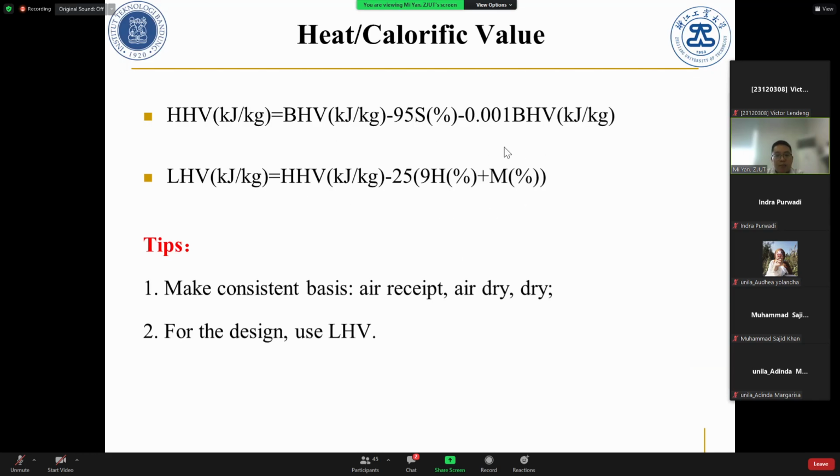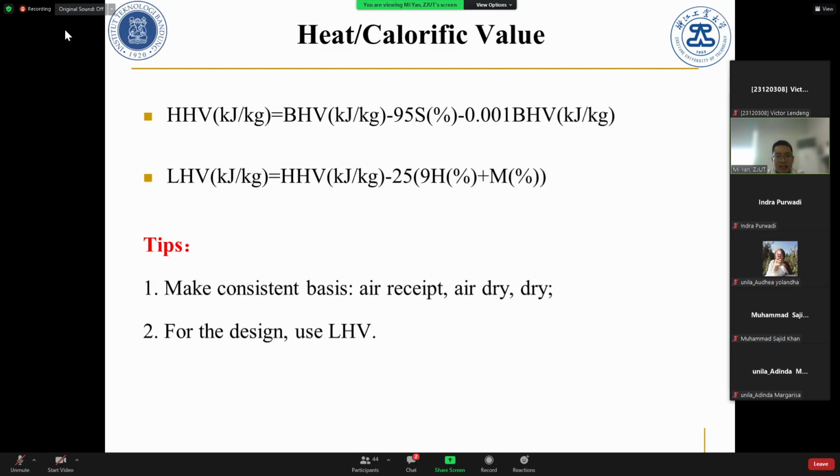Actually, I found that in different countries the HHV to LHV conversion is different, because for the data H we use 2,500. Of course, here it is a percentage, so it becomes 25. Maybe it depends on the industry. Sometimes it depends on the flue gas temperature. If the flue gas temperature is higher, that means the moisture temperature is also higher, so it will release more heat.